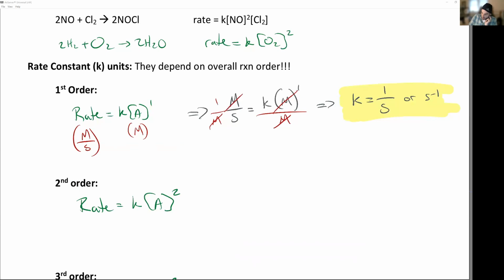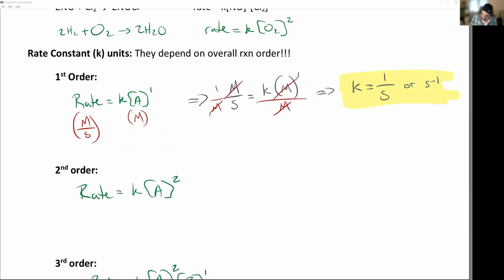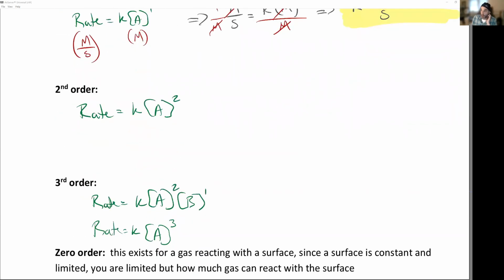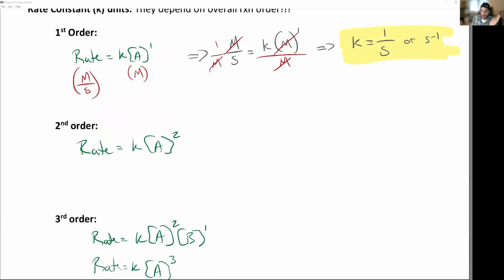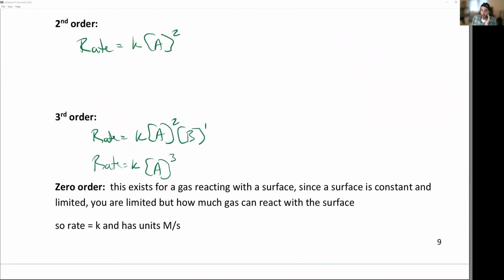Okay, good. So that's pretty much it. Let's try the next two. You guys can do these. You can pause it here, determine the second order and third order values of k, and play it again. But here we go. So again, rate in molarity per second is equal to k times molarity squared.